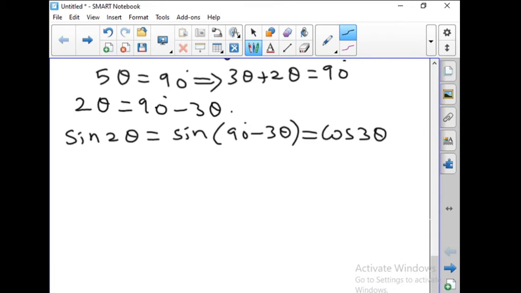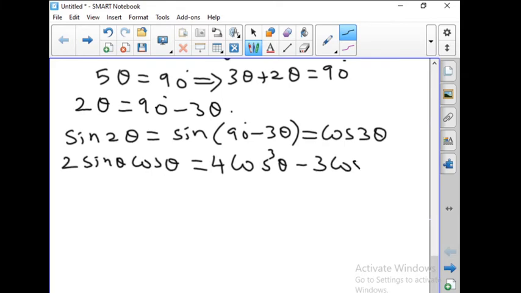Okay, so now what is sine 2 theta? It is 2 sine theta cos theta. And what is cos 3 theta? 4 cos cube theta minus 3 cos theta.